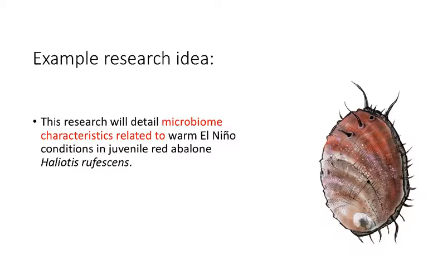So we talked in the previous video about how we specified the El Niño conditions and that they were juveniles, so that's fine. Those specifics are good, but the part here for the microbiome characteristics is a little bit broader, but that's fine because now in our specific aims, we're going to talk more specifically about what aspects of those microbiome characteristics we mean and how specifically we're going to address it.